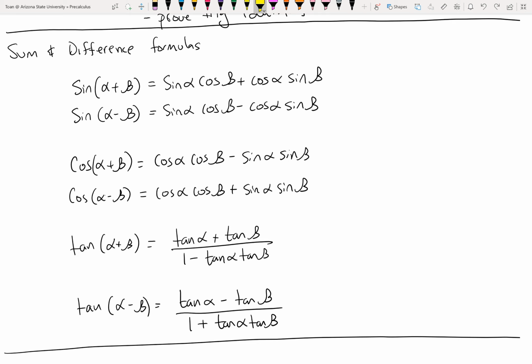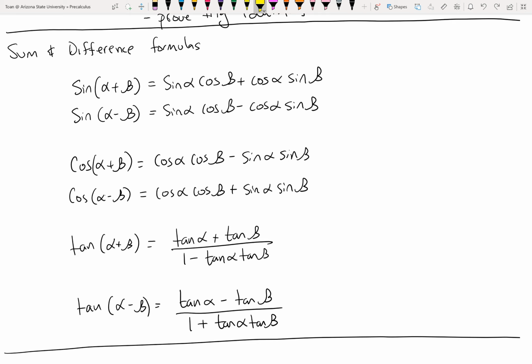So why are sum and difference formulas important? Well, you know how back in Unit 5 I said that when it comes to trig, most people nowadays turn to a calculator unless it was one of those, quote, special unit circle angles, like 30 degrees, 135 degrees, 210 degrees, and so on and so forth.